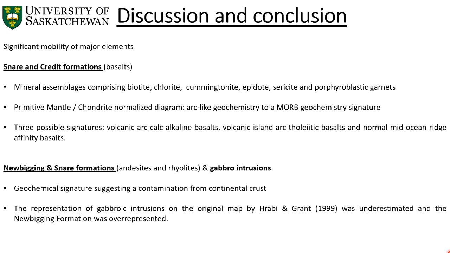There are three possible signatures as well using a different diagram: the volcanic arc calc-alkaline basalts, volcanic island arc tholeiitic basalt, and normal mid-ocean ridge basalt affinity. Andesite and rhyolites of the New Beginning and Snare Formation, together with gabbro intrusion, have geochemical signatures suggesting contamination from continental crust. And the representation of gabbroic intrusion on the original map by Rabi and Grant was underestimated, and the New Beginning Formation was overrepresented.